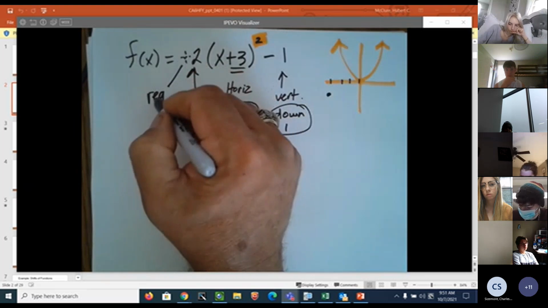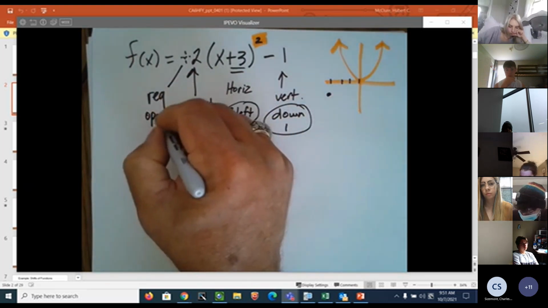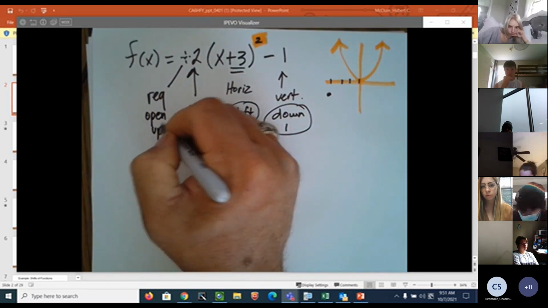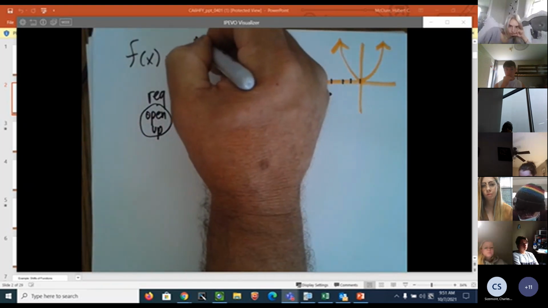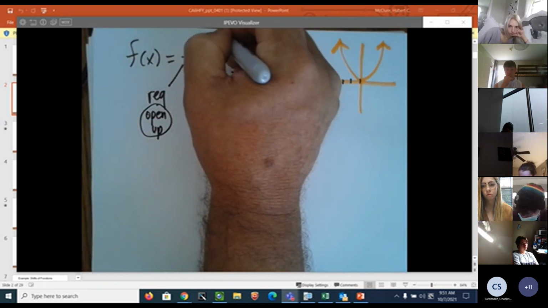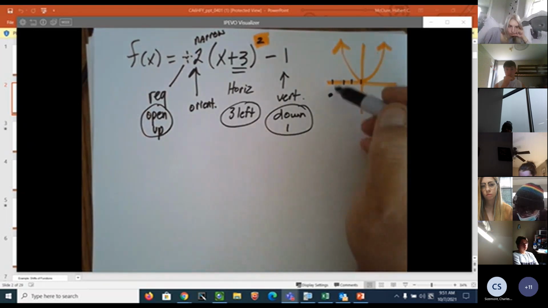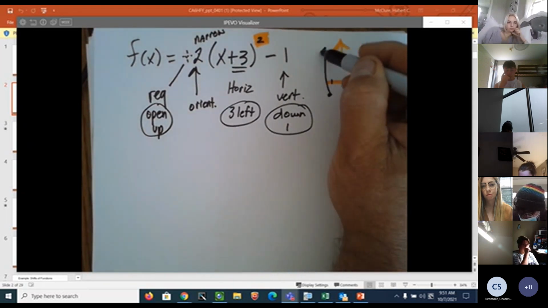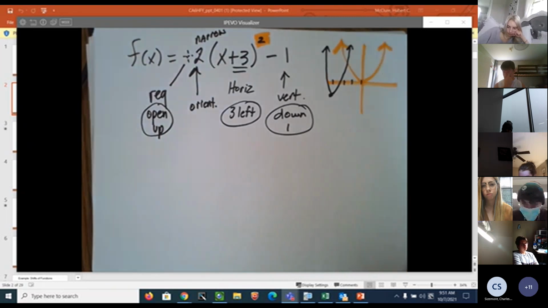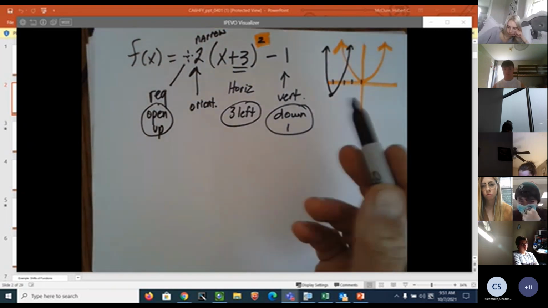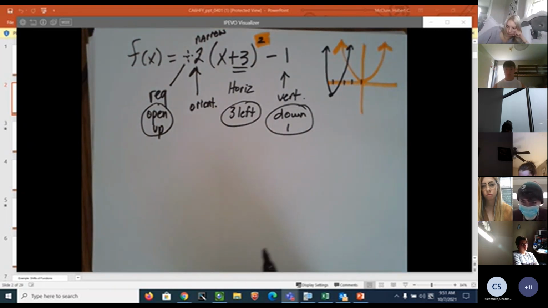This tells us that it's regular, opens up, concave up, because it's positive. And this tells us it's going to be narrow. So it's going to look something like that. It's going to be a little bit narrower than the orange one. So that is a vertical and horizontal shift.